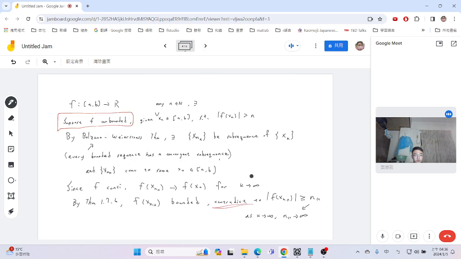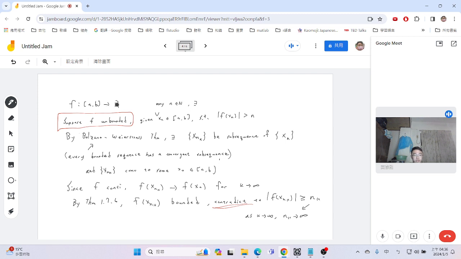Back to the proof. We want to prove theorem 1.9.5, which says that if a function has a closed interval as its domain and the function is continuous on the interval, then the function is bounded.